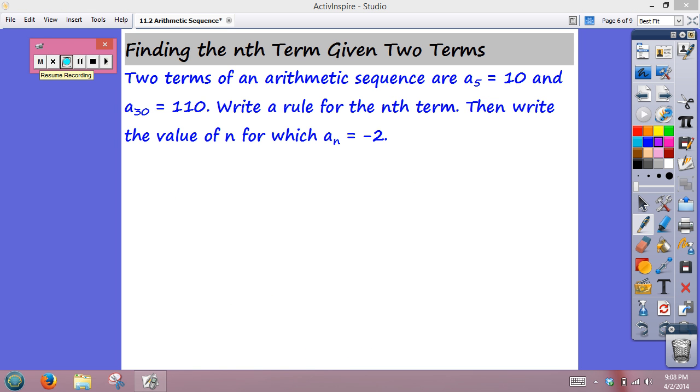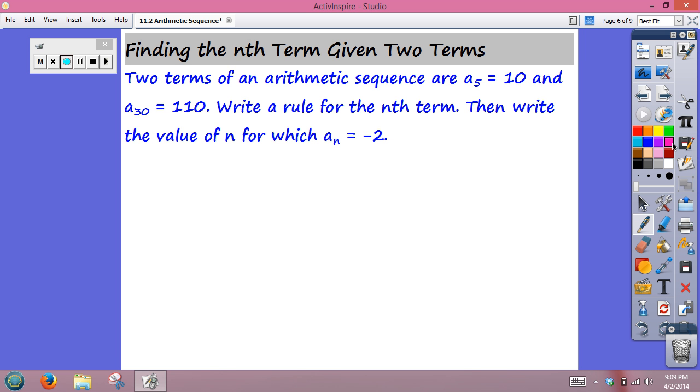Now we're going to find the nth term given just two terms. So the question states two terms of an arithmetic sequence are a5 equals 10 and a30 equals 110. Write a rule for the nth term. The way that we like to think about these problems when we're given two terms is going back to our slope, to our equation of our linear form, y equals mx plus b.